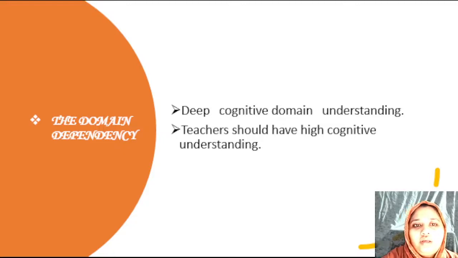It also includes those specialized aspects of domain knowledge central to helping students learn. A teacher who has weak cognitive domain understanding is less likely to know what questions to ask the students, what to look for in their performance, what inference to make from that performance about students' knowledge, and what action to take in interaction and instruction.